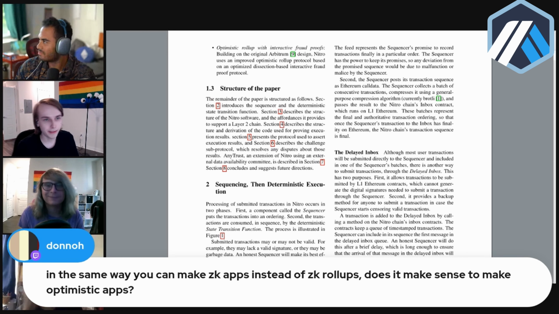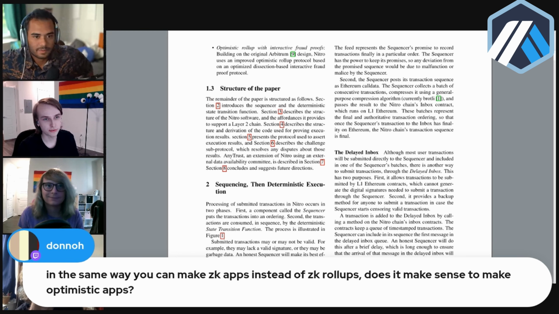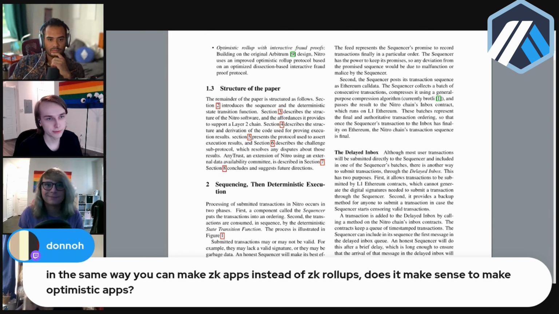Now, in theory, yes, you could make an optimistic app. We'd previously talked about how you used to only be able to prove mini programs with Arbitrum Classic, but with Arbitrum Nitro, we've expanded that to any Wasm program. What that means is that anything that compiles to Wasm, which is pretty much anything, including C, Go, and Rust, you could, in theory, compile to Wasm and then prove on layer 1. But the reason we've built an optimistic rollup and not optimistic apps is because, frankly, that's what we think people want.